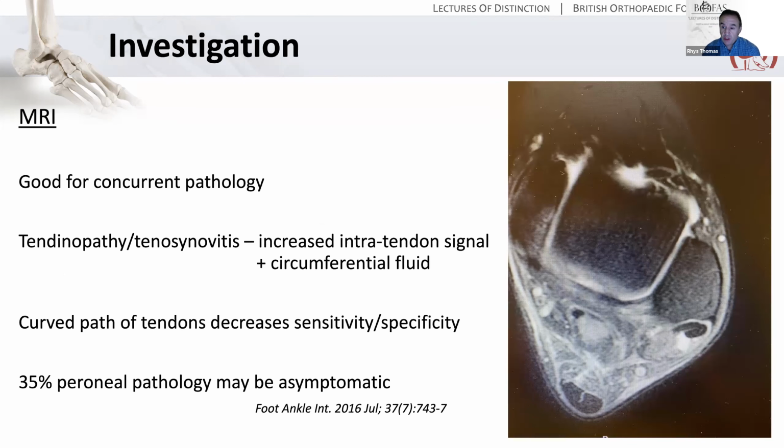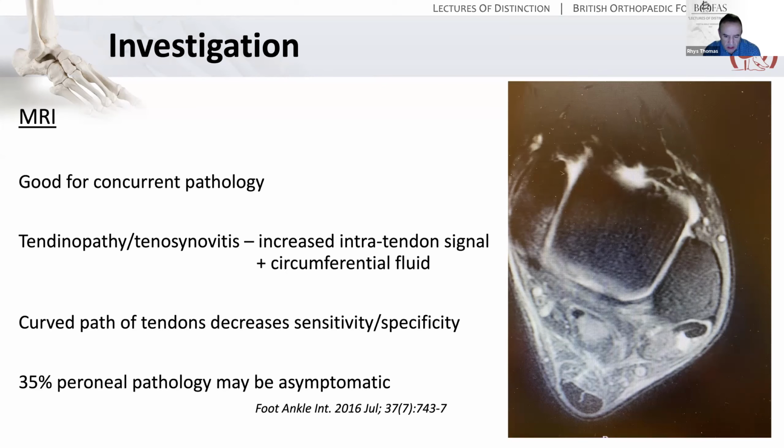An MRI scan is obviously often our go-to. It's good for concurrent pathology. It will be able to pick up tendinopathy and tenosynovitis with increased intratendinous signal and circumferential fluid, mainly running around both tendons.